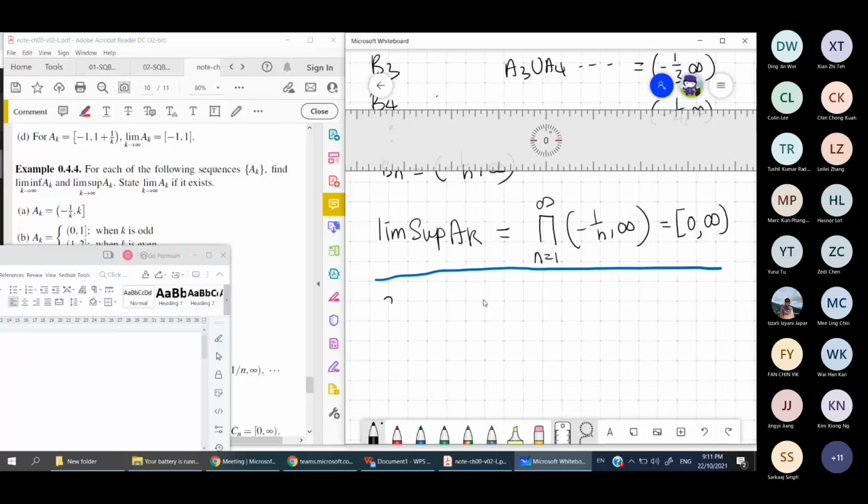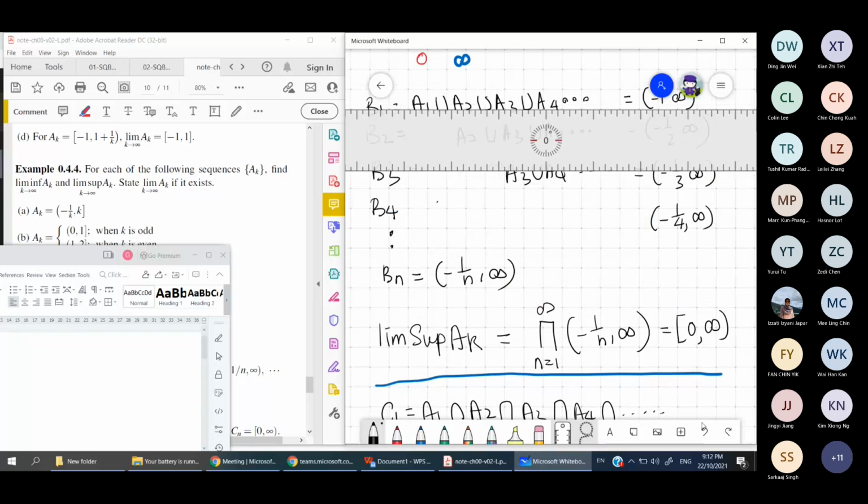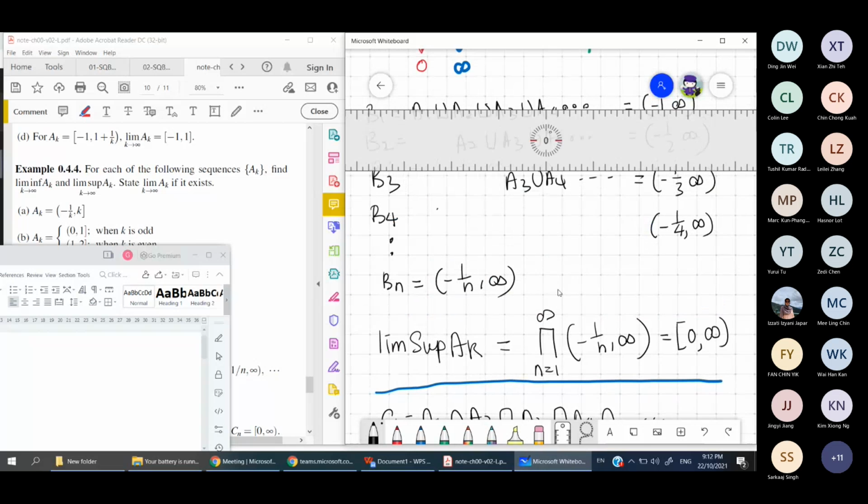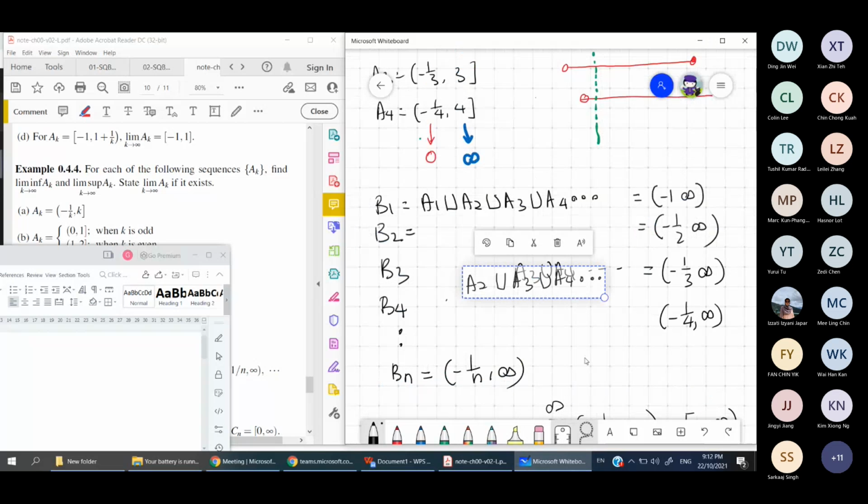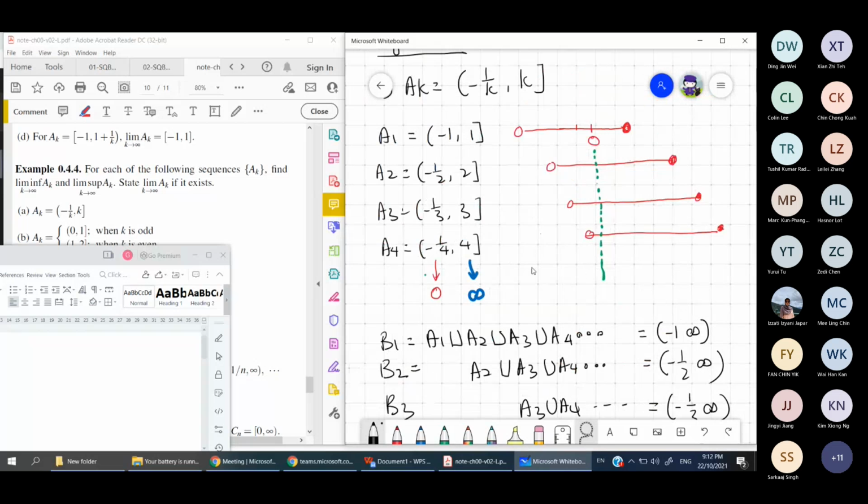Okay, we compute 2, 3 and so on. So to do this, maybe we can come back to look at here.